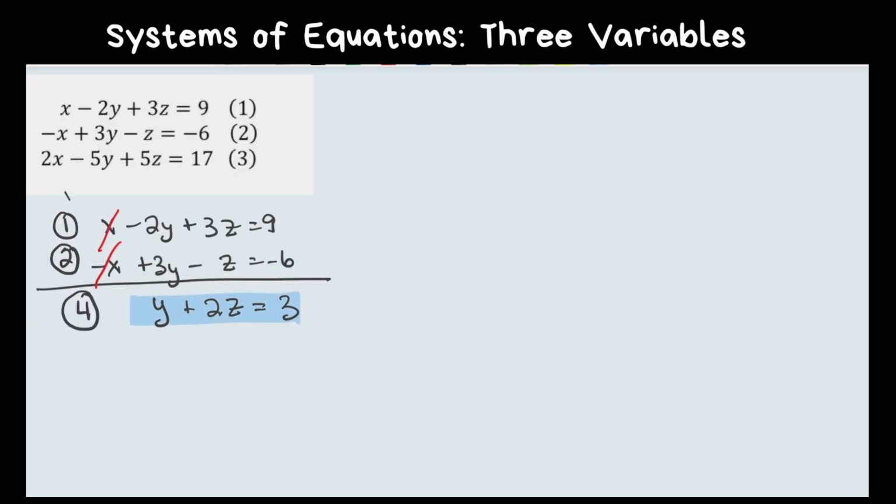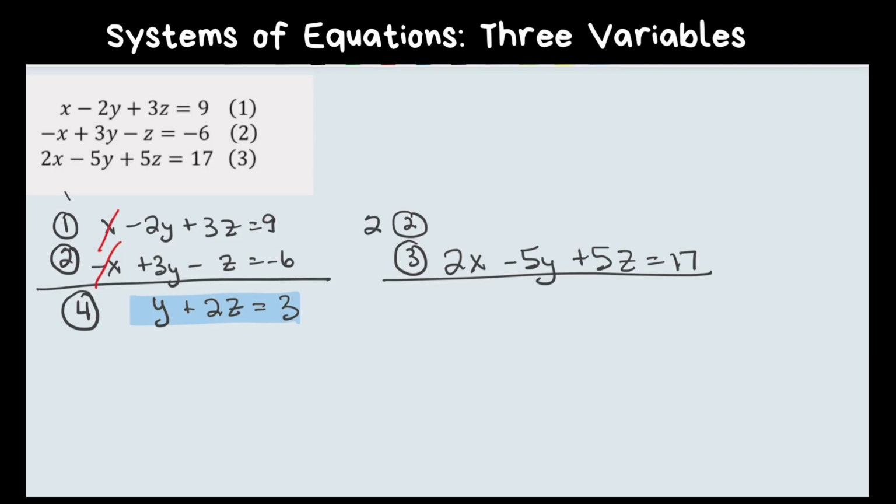Eliminate X again. This time I'm going to use 2 and 3. I'm trying to eliminate X. Well, here's what my equation 3 looks like. Equation 2, I'm going to multiply it by a 2.